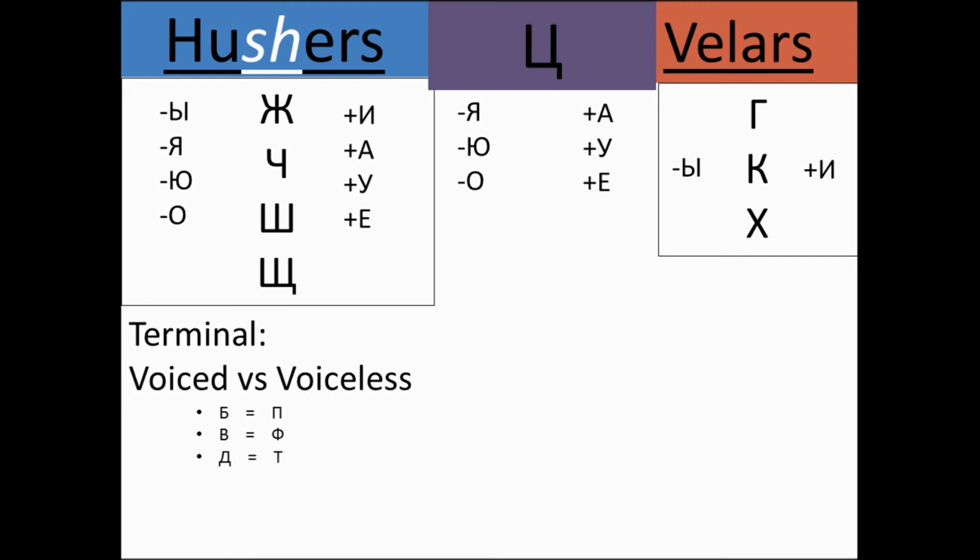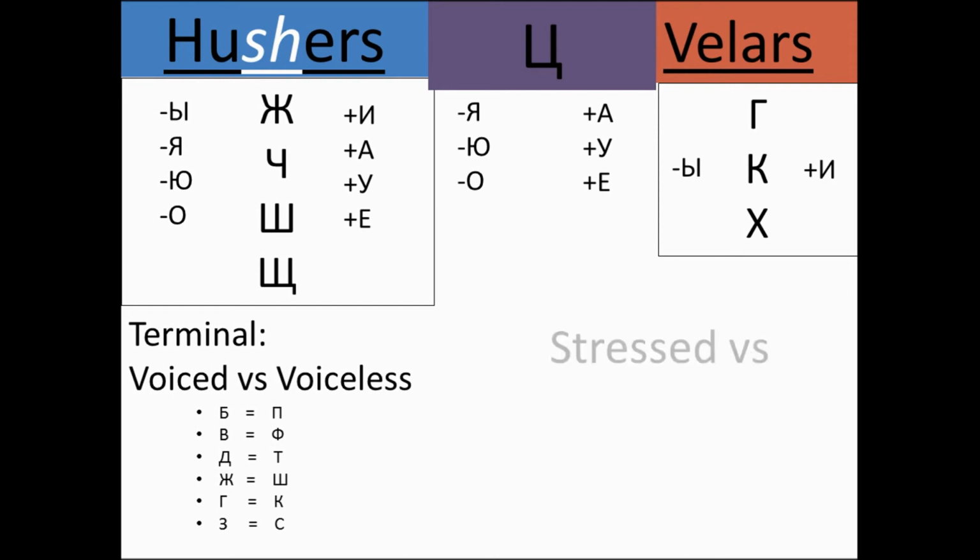The same for d. D is t. Zh is sh. G is k. And z is s. So one more time, if you have a word that ends in either b, v, d, zh, g, or z, it will never ever be pronounced like that. They will instead be pronounced as p, f, t, sh, k, s.